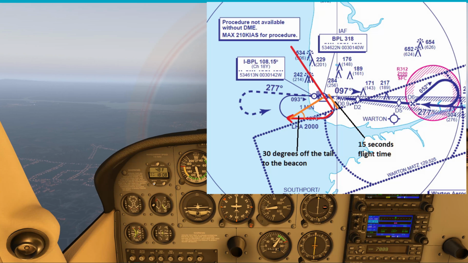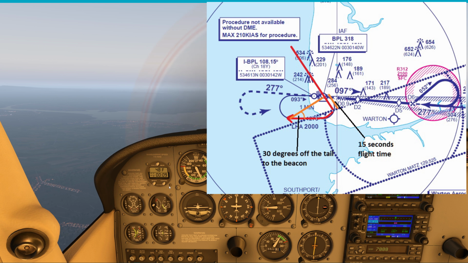We can't simply attempt to go directly into the hold, so we fly a timed sequence of events that are designed to get any aircraft into the correct pattern. As soon as we go over the beacon, we'll report beacon overhead, then we'll fly on our current bearing for 15 seconds. Then we'll execute a rate 1 turn of 15 degrees, which is the maximum turn allowed in IMC conditions, and level out when we come onto the correct bearing of 273 degrees.